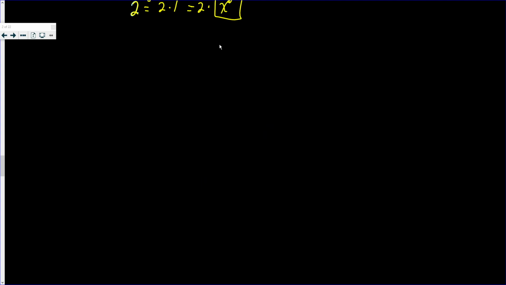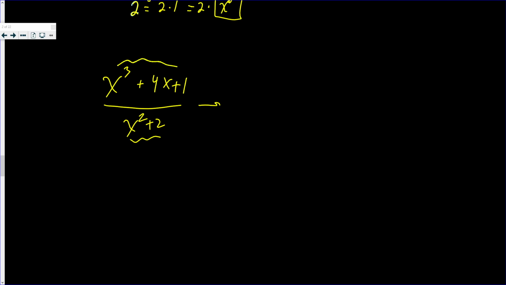So, if you were asked to compute x cubed plus 4x plus 1 divided by x squared plus 2. Well, actually top and bottom are in descending order of x, because there's a 1 here and a 0 here. 3, 1, 0.